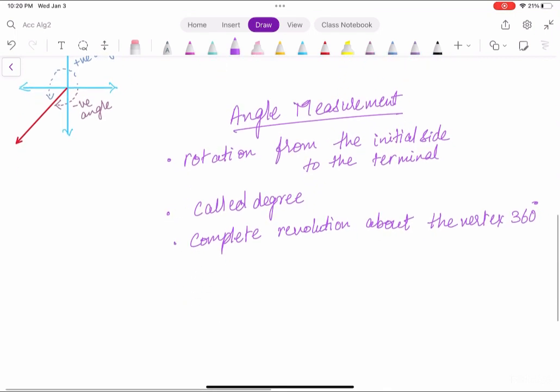And as I said earlier, unless and until it is specified, we consider the rotation as counterclockwise.